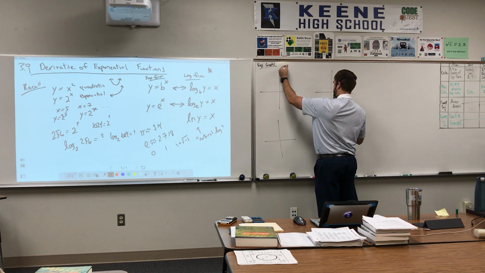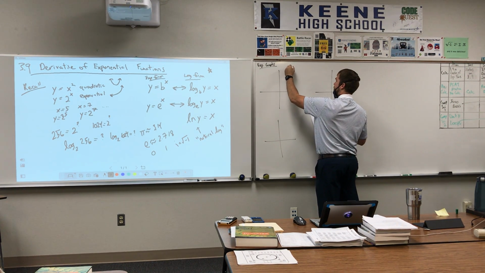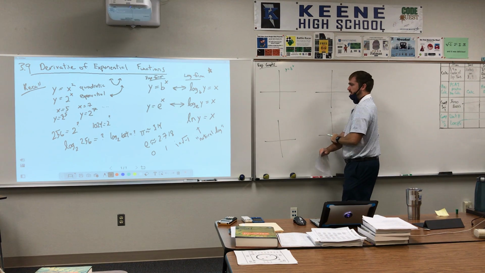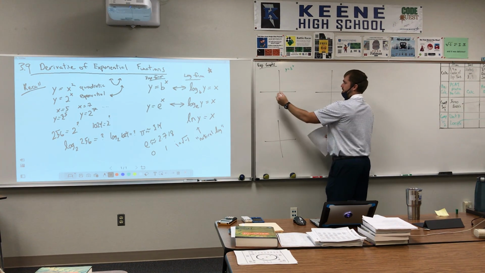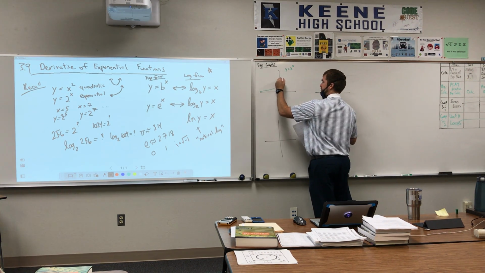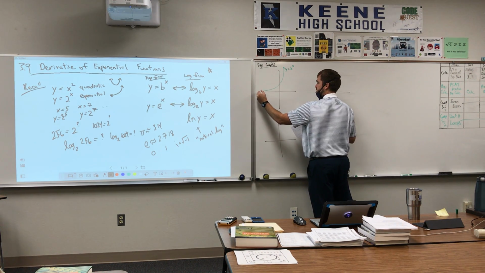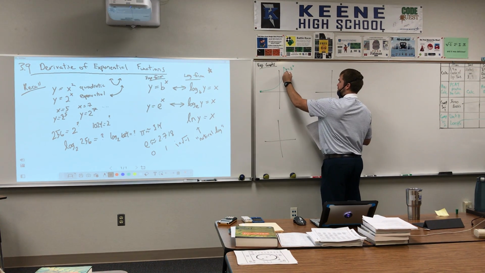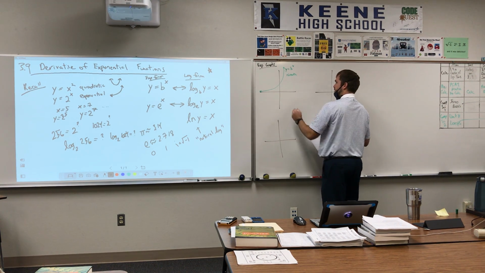We're going to draw y equals b to the x. That looks something like this. This is a positive exponential growth.